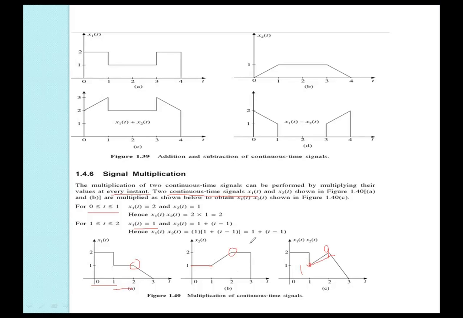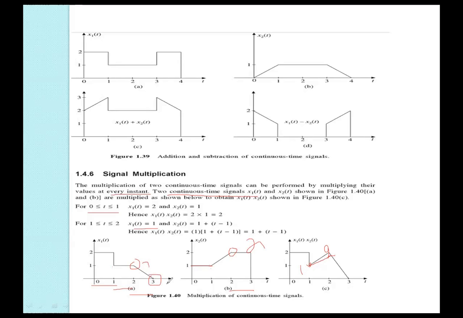And in the range of 2 to 3, the value is 2 here, and the value decreases. Let us take only 2 and 3 at a particular instance. At 2 the value is 1, at 2 the value is 2. So definitely the value is 2. And at 3 the value is 0 here.